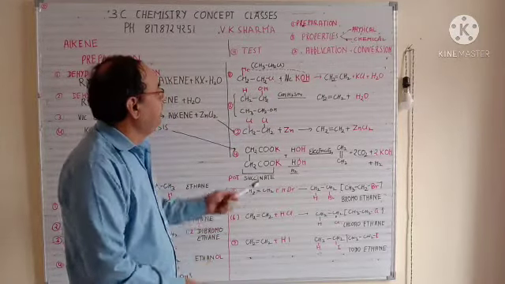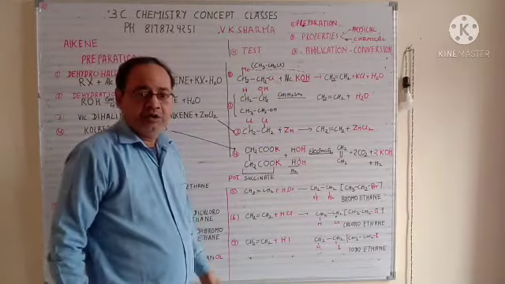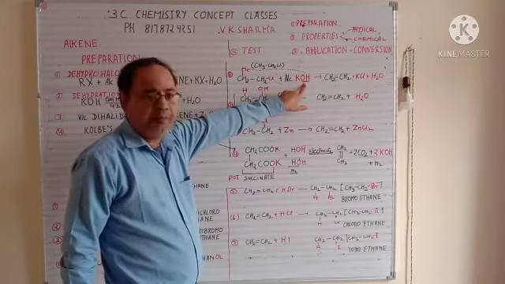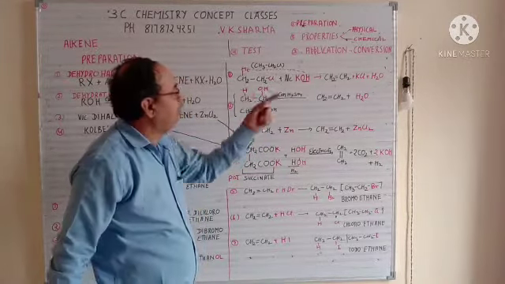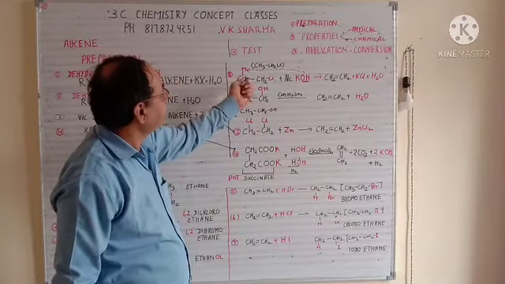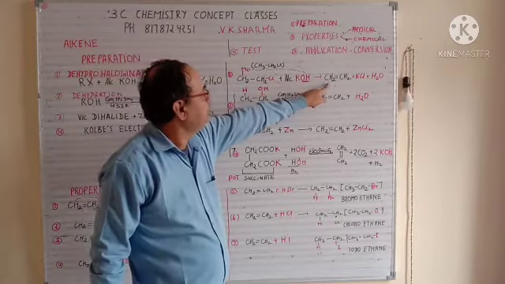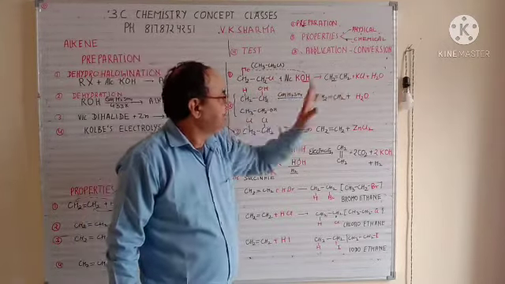When it reacts with KOH, K always reacts with the halogen, so it will give you KCl. The OH left will always form water, taking a hydrogen from here. So your reaction will be CH3CH2Cl plus alcoholic KOH gives you CH2=CH2, plus KCl plus H2O.